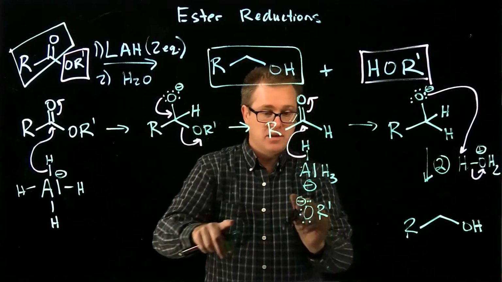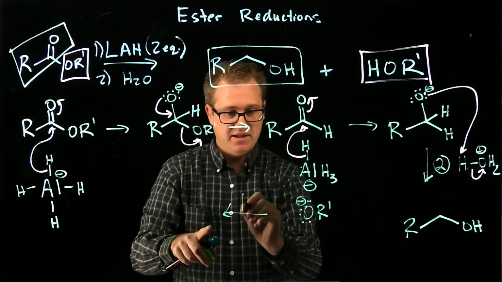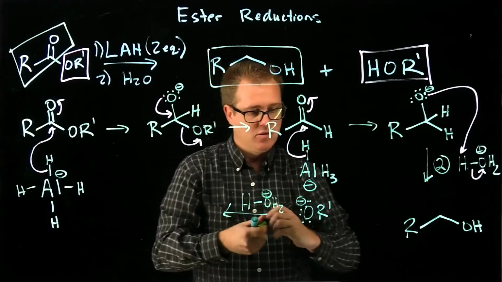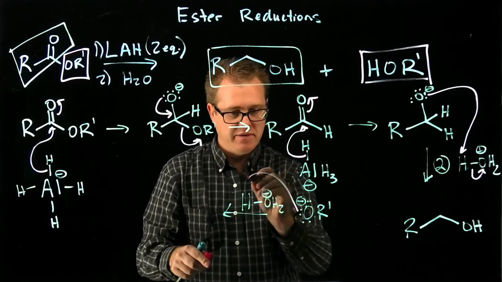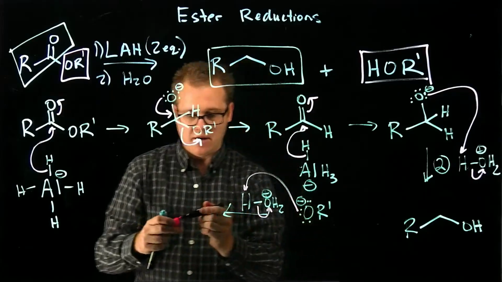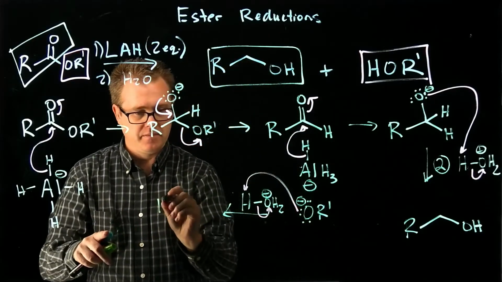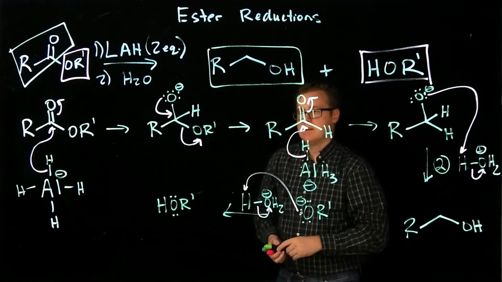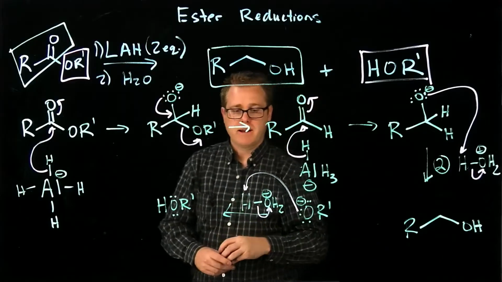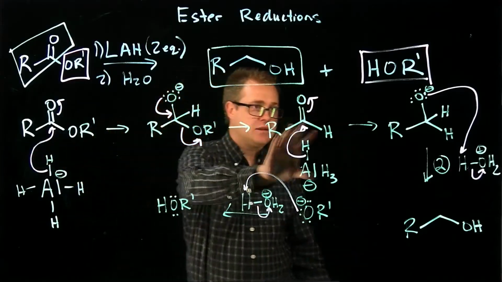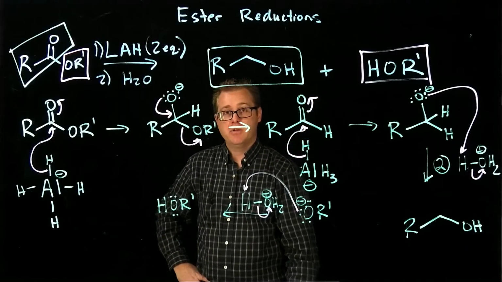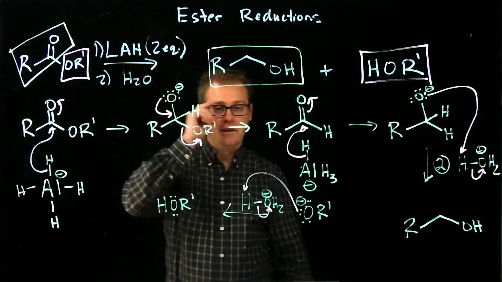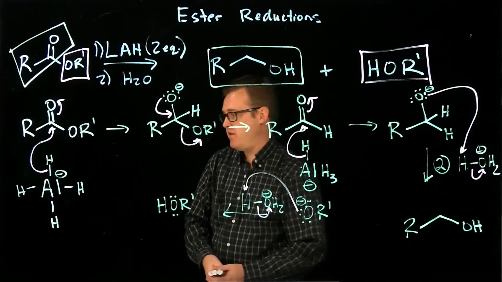This will also see the acid from the second step. So we're going to have another protonation event to give us our second alcohol. So what I would recommend doing is look at this mechanism and compare it to the reduction of acid chlorides with lithium aluminum hydride. And you'll see how the mechanism is very, very similar.